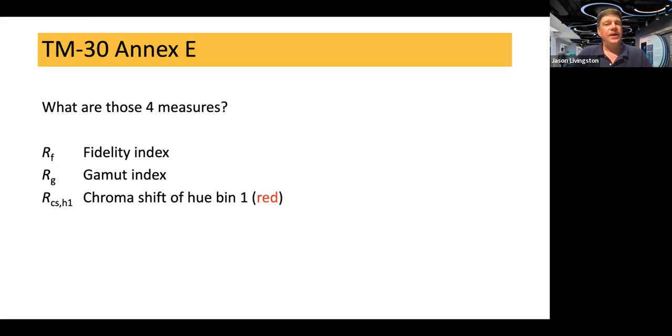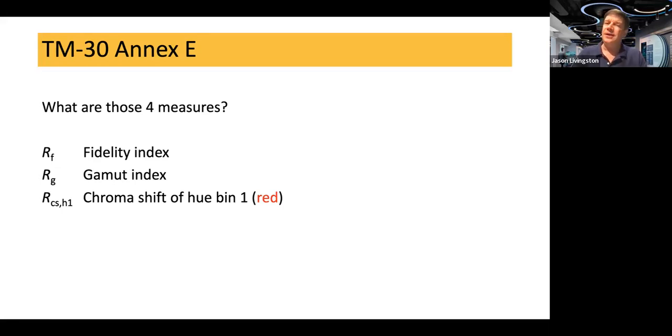It turns out, and we have decades of science that support this, red plays an outsized role in our perception of all colors. And because of red's outsized role, we want to look at not just the gamut index and a broad color saturation shift.